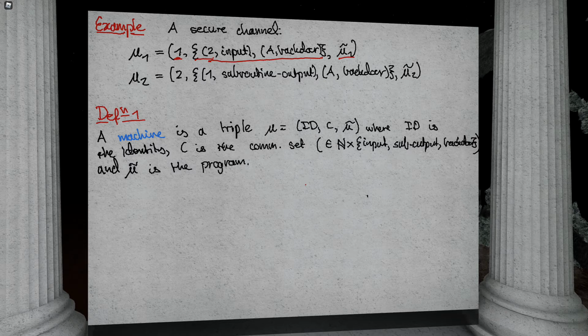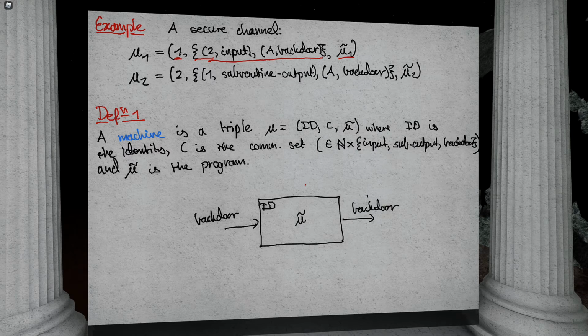So the picture that we have here of what a machine is, some box, it has an identity, it contains some code, it has backdoor communication for the adversary, it can provide input to other machines, it can receive output from other machines.